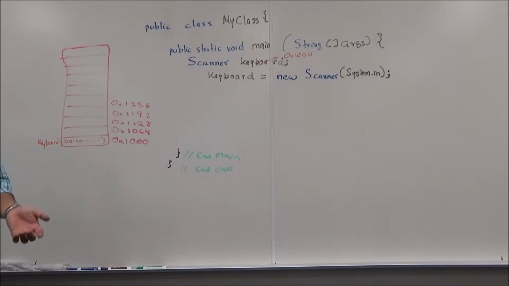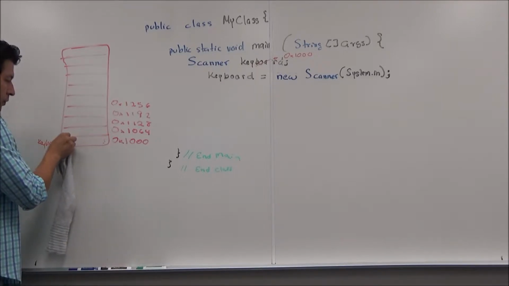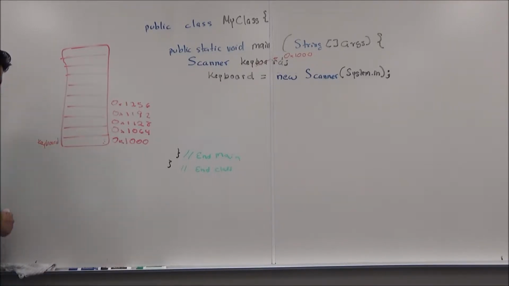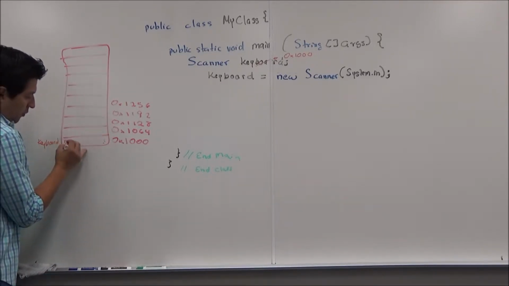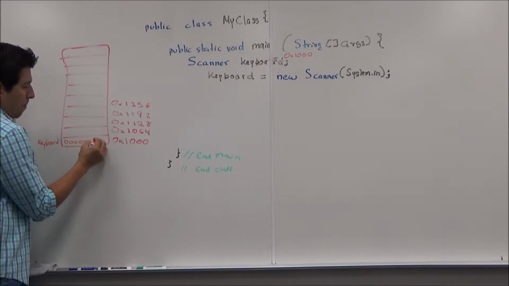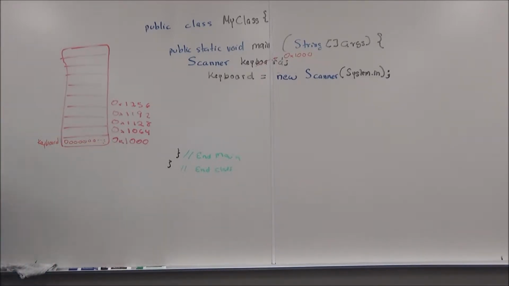That's being reutilized. But when you declare an object, Java is going to allocate it. It's going to put a bunch of zeros. So this address is pointing to a bunch of zeros.